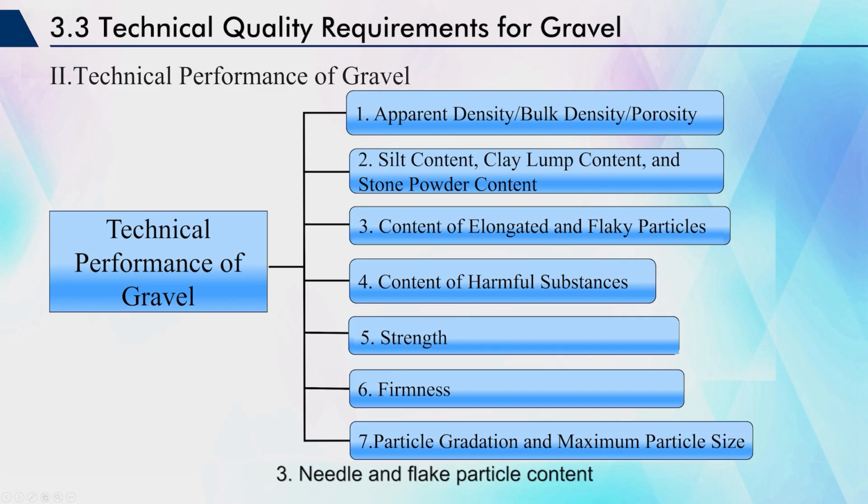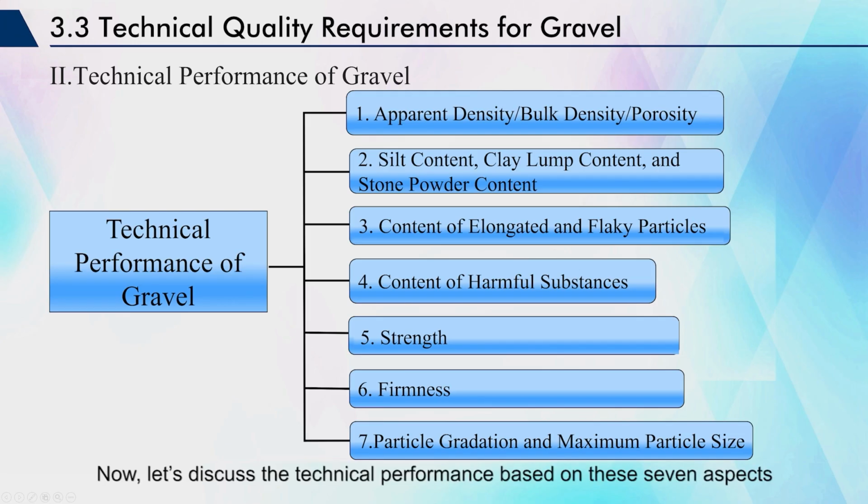Needle and flake particle content. 4. Content of harmful substances. 5. Strength. 6. Soundness. 7. Particle grading and maximum particle size. Now, let's discuss the technical performance based on these 7 aspects.